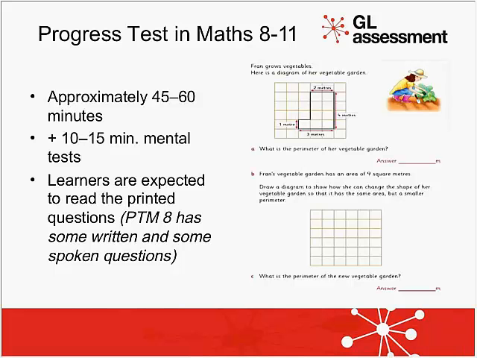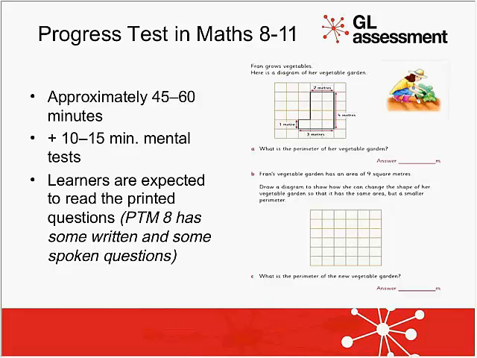We are still aware that even at this age range, the language could be a barrier, so it's not excessive, but at this level, they are expected to read the questions for themselves. Having said that, at age 8, there are some written and some spoken questions.